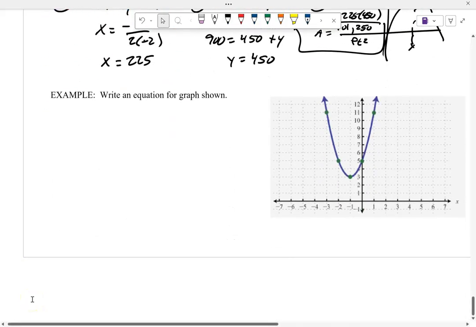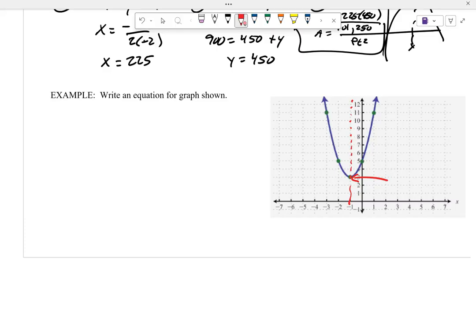All right, our last one here is, can you go backwards? Can I take a graph and write the equation for it? So the first thing I'm looking at is, hey, I've got this axis of symmetry. Vertex is right there. It looks like that vertex, h, k, is at negative 1, 3.